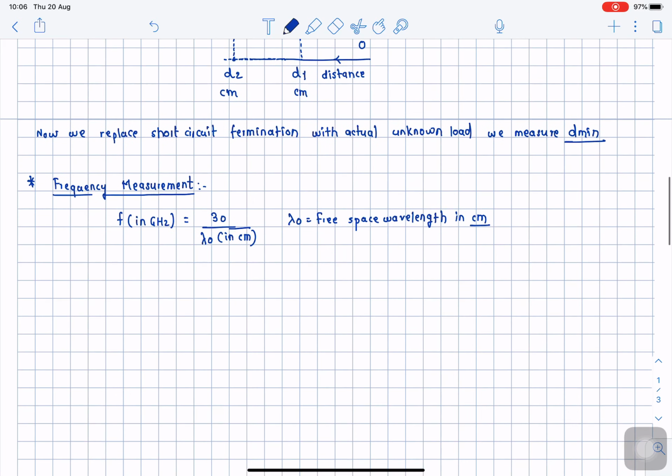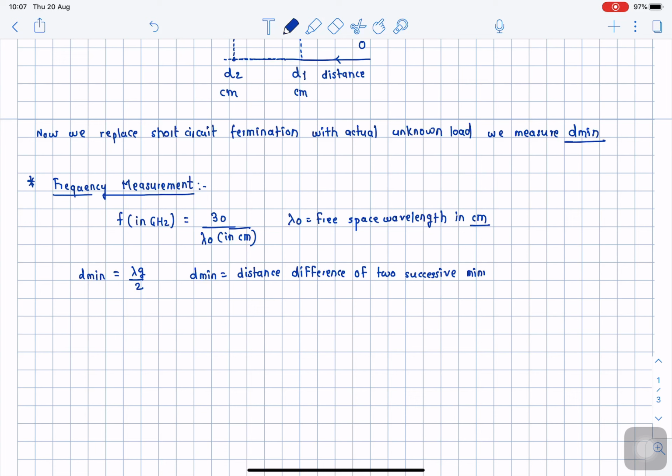Now we already know from the earlier theory that the distance between two successive minima is always equal to half of the guide wavelength, where the minima here we consider as the distance difference of two successive minimum voltages.